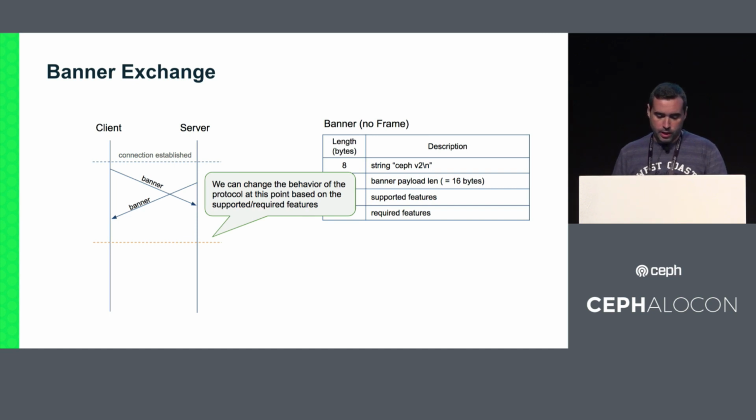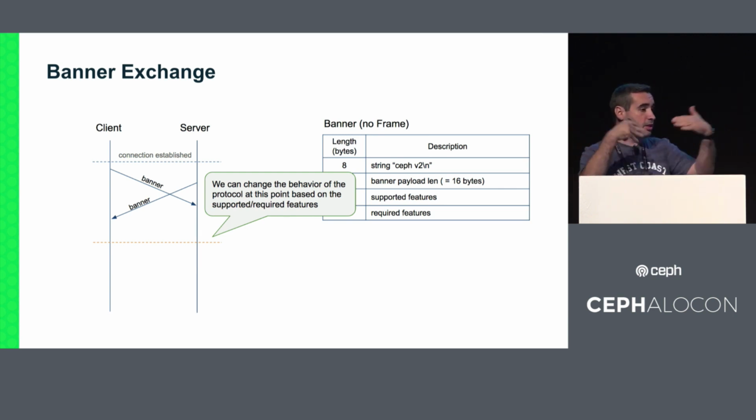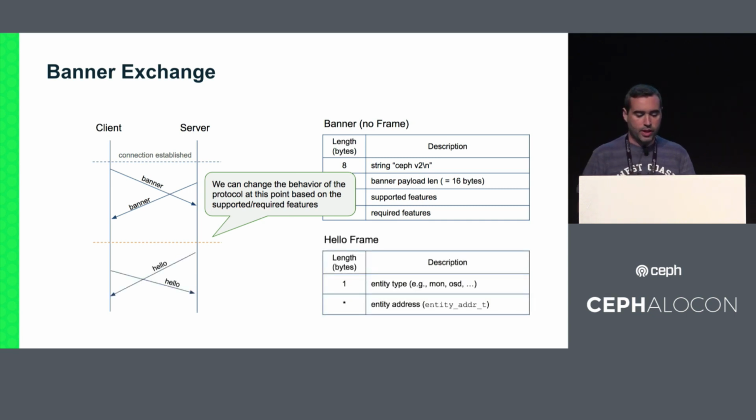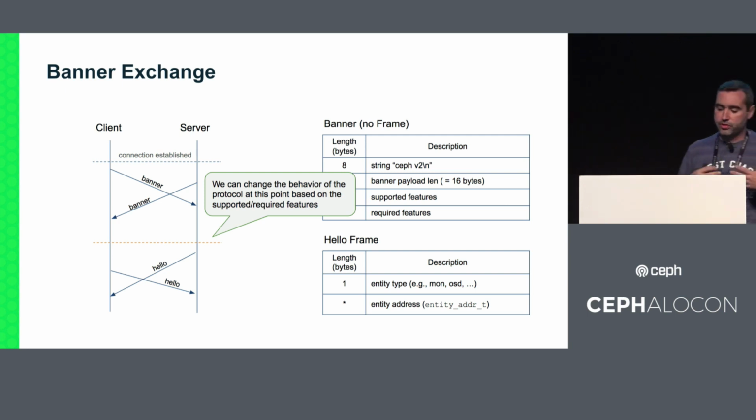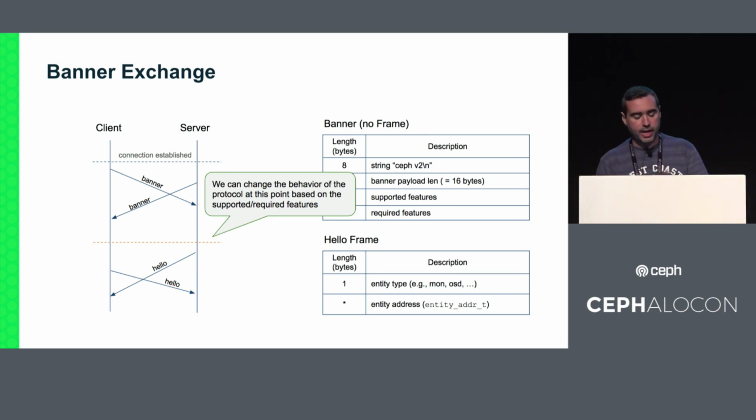Okay, so after exchanging the supported features and required features with each other, and they send this message in parallel, when both receive the banner from each other, they send a hello message, a hello frame. This hello frame serves to indicate what kind of entity I am. So if I'm a mon, an OSD, a client, okay, and also my address. Okay, what is my address?